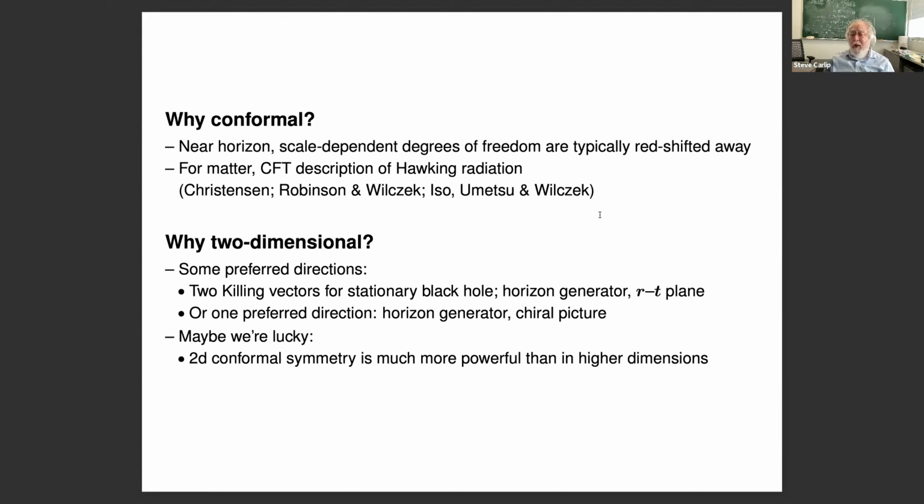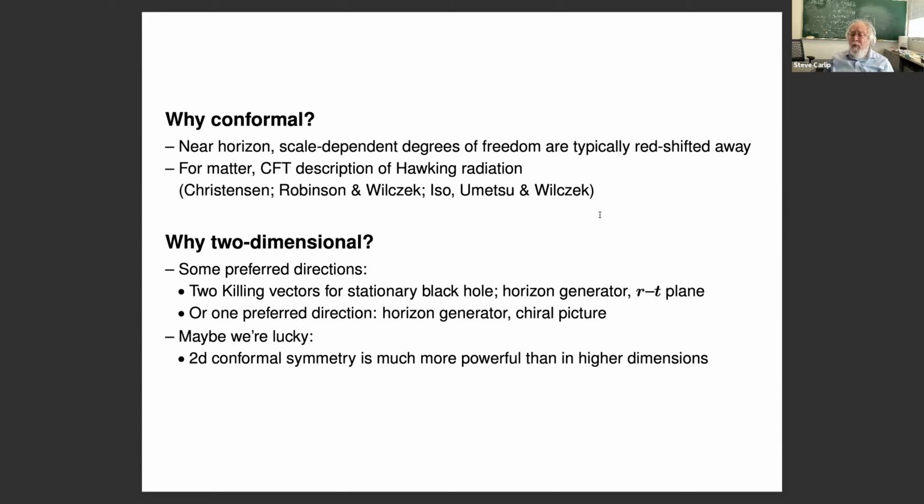So the null normal of the horizon gives you one preferred direction. And then there's a second direction, which is the direction basically orthonormal to the horizon, pointing outward. So those 2 define a preferred 2-dimensional space. You can think of it as the r-t plane, where t is time along the horizon, r is the radial direction.